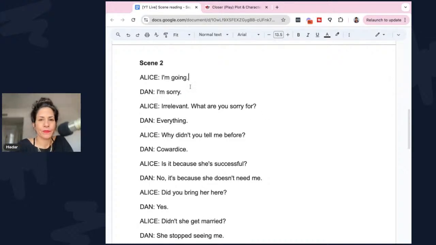All right. Short sentences usually mean, in a dialogue, that there is some kind of ping pong between the characters. I'm going. I'm sorry. The verb is stressed.